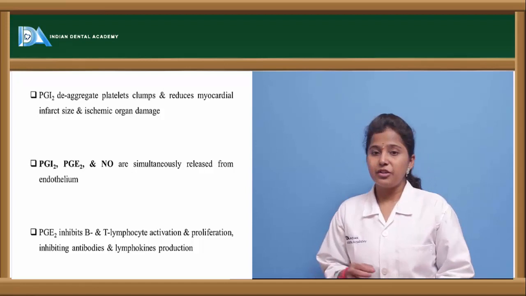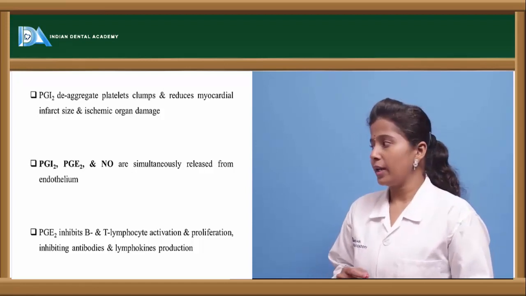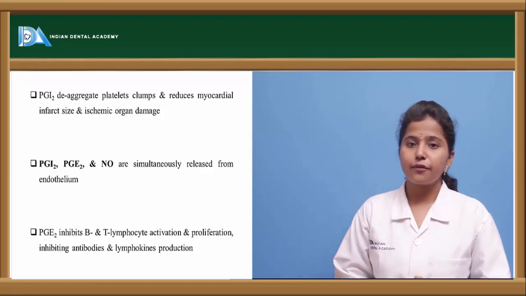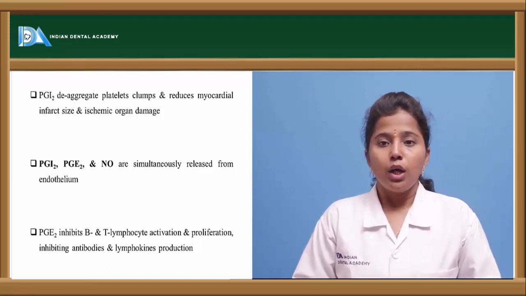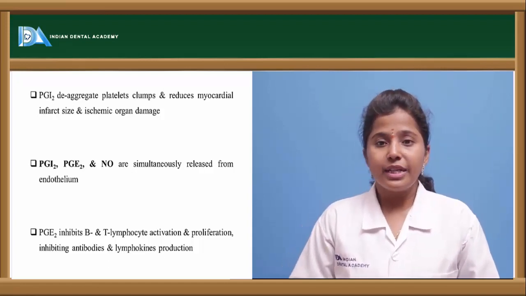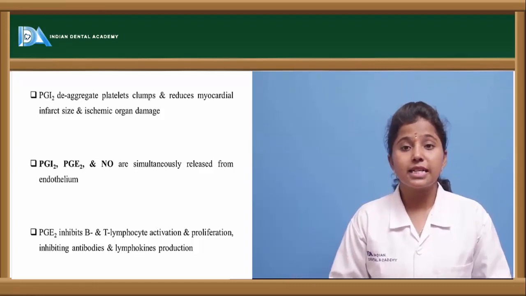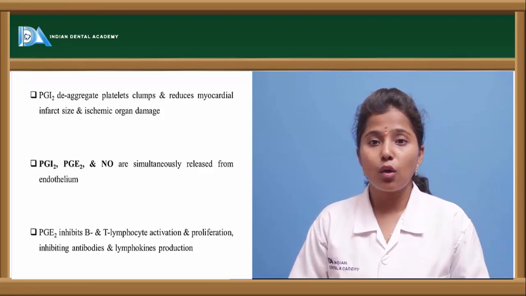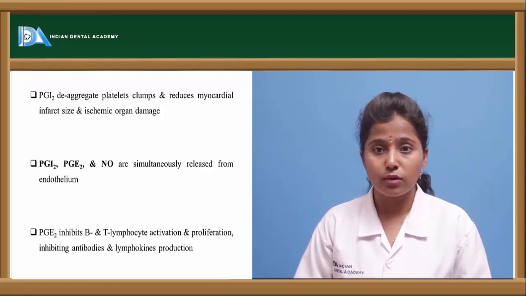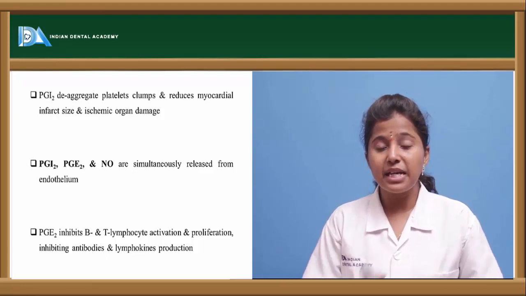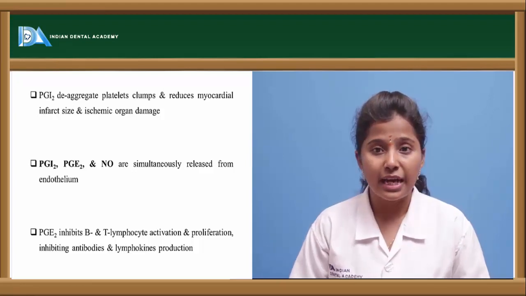And PGI2, E2 and NO, that is nitric oxide, are simultaneously released from the endothelium. As I told you, in this COX pathway, the cyclic GMP or cyclic AMP is converted to GMP or AMP.